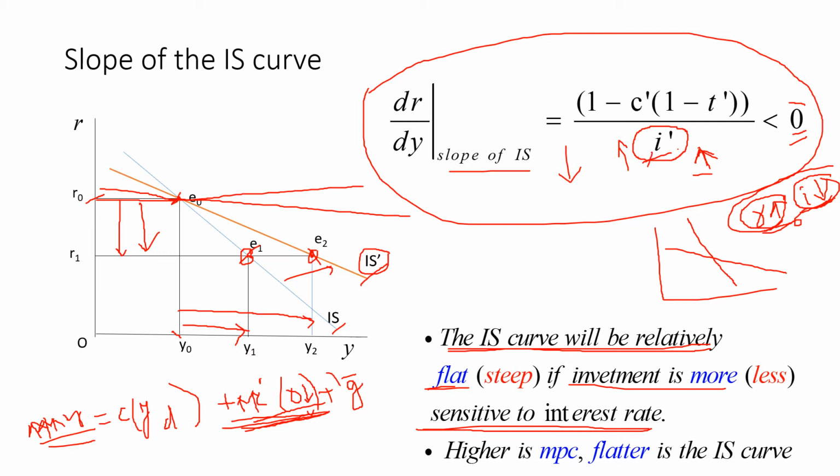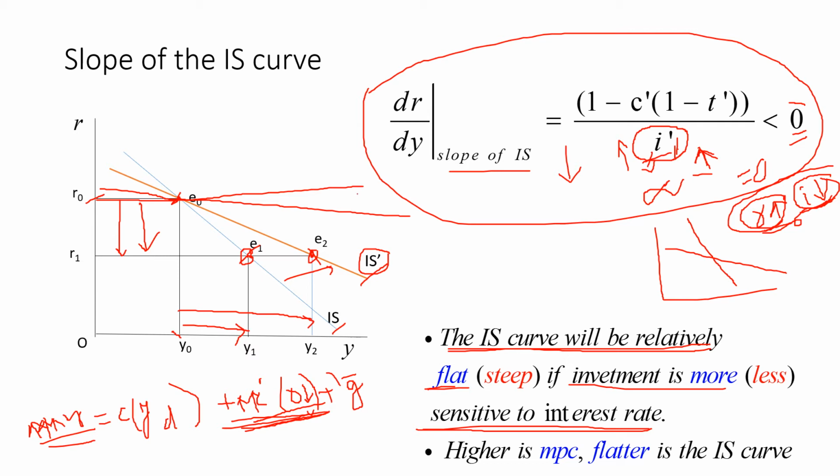That means your I prime is basically infinite. If you put infinite here, then 1 by infinite is basically 0. That means your slope is going to be 0 in that case, and a slope of 0 for the IS curve means the IS curve is horizontal.